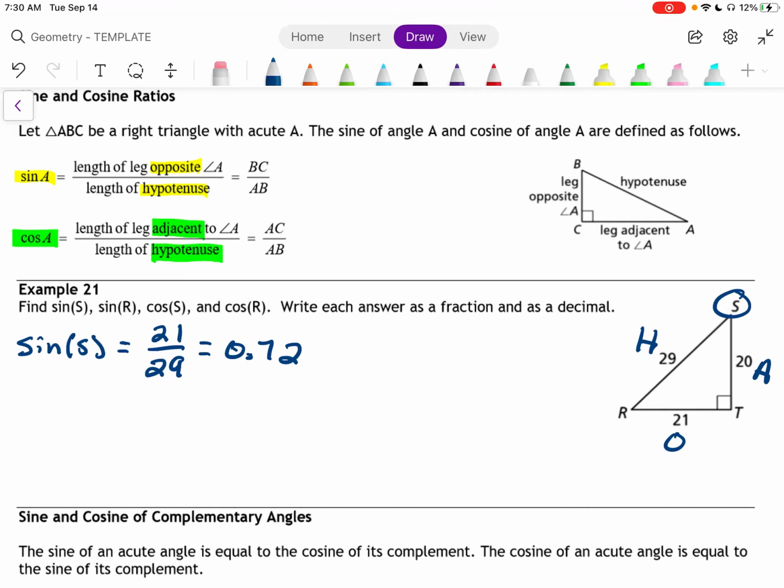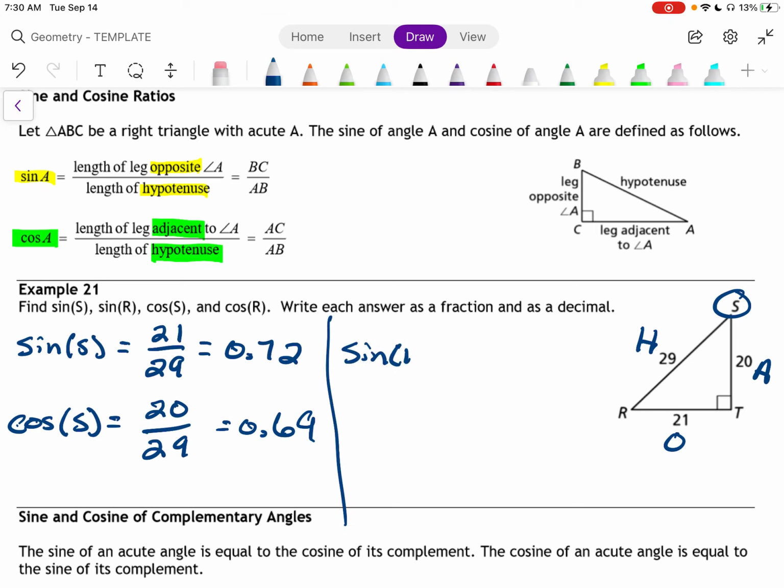Now for cosine of S still, cosine of S. That way we stay from the perspective of S. Cosine is adjacent, so 20 over hypotenuse, 29. So 20 divided by 29 gives me 0.69. Now for sine of R and cosine of R, I'm going to erase my markings on the triangle.